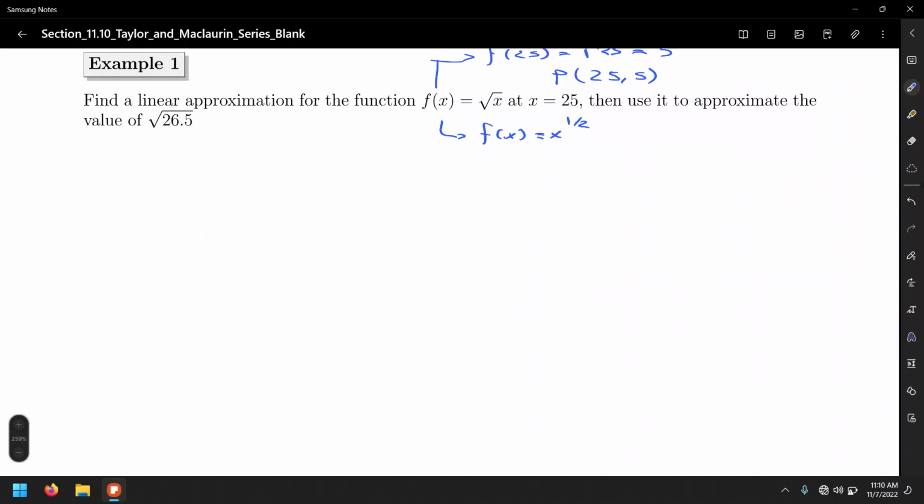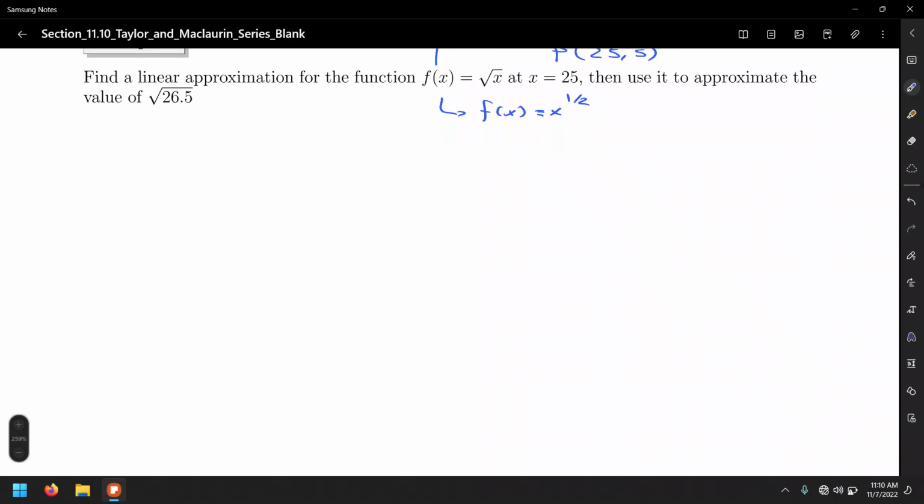In order to differentiate this function, we cannot take the derivative just like that while it is in radical form. f prime is 1/2 x to the negative 1/2, which reduces to 1 over 2 root of x, and we can find the slope by evaluating the derivative at 25. So that's 1 over 2 times the square root of 25, which is 1 over 2 times 5, which is 1 over 10. Alright, so that's 1/10, that's our derivative.